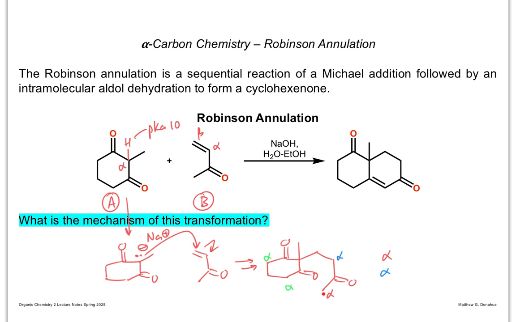Say we deprotonate from the red alpha, and let's then count over to a carbonyl group that's in the 6-membered ring. So 1, 2, 3, 4, 5, 6. So from that alpha carbon to that carbonyl, or that one, they're the same, that's 6. Then we do the same for the blue. 1, 2, 3, 4.